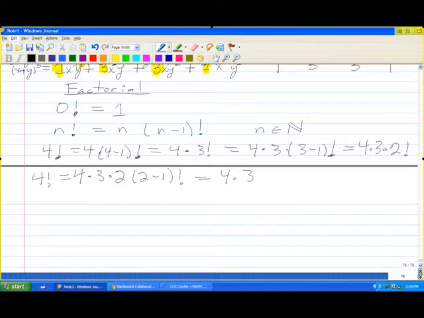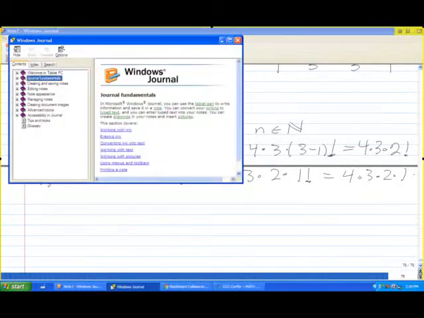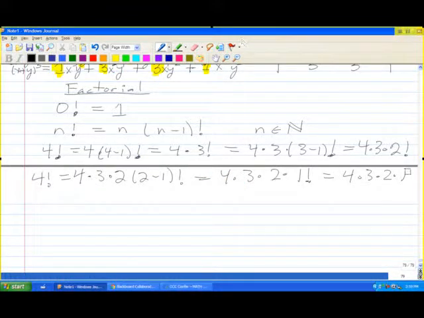So it's 4 times 3 times 2 times 1 factorial. But 1 factorial is just 1 times 0 factorial, which is 1. And so 4 factorial is just 4 times 3 times 2 times 1.